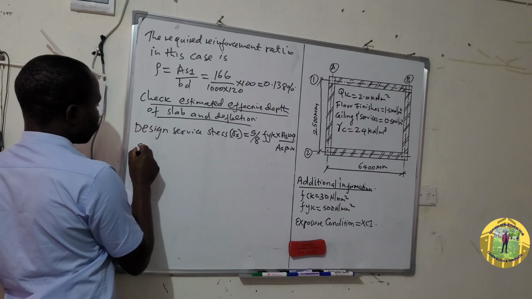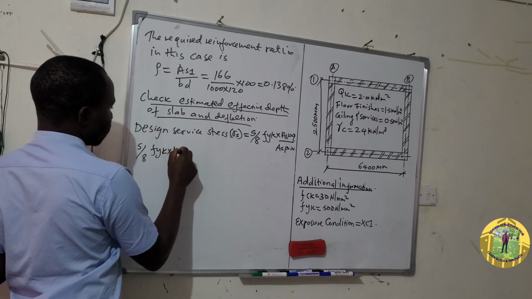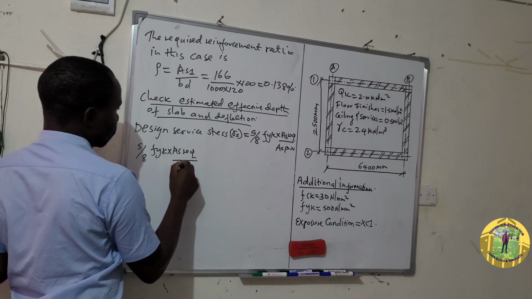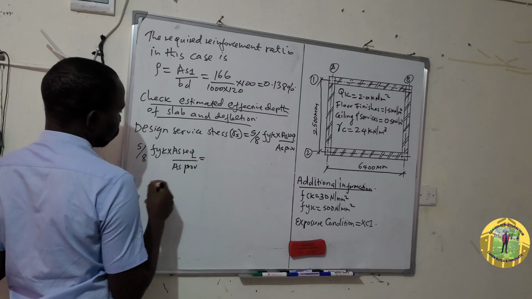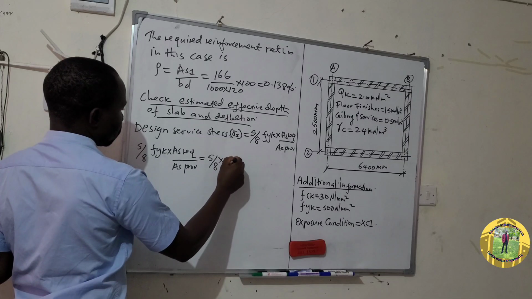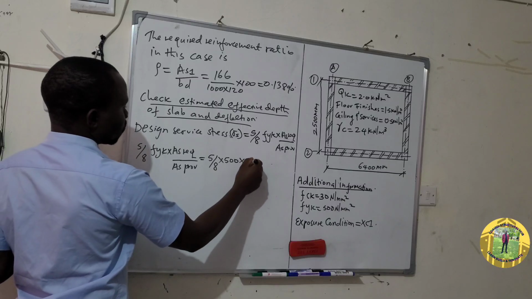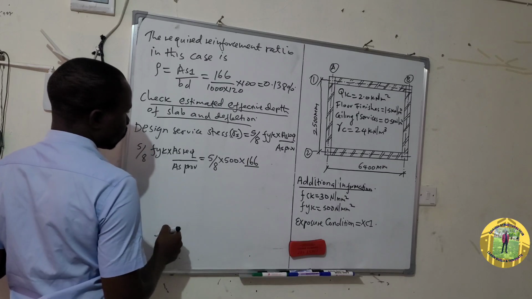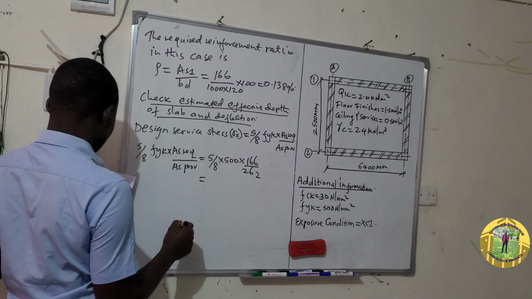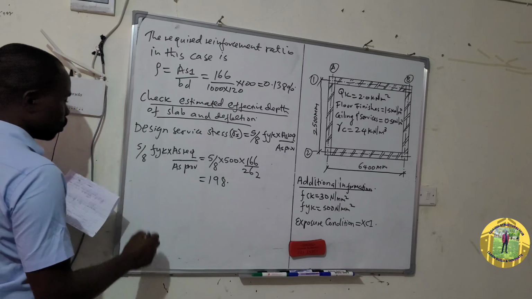So 5/8 times 500, area of steel required is 166 over area of steel provided is 262. So this one is equal to 198.